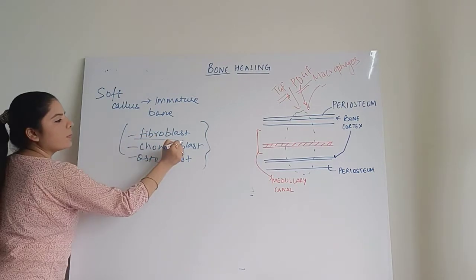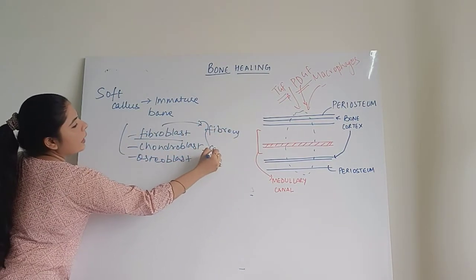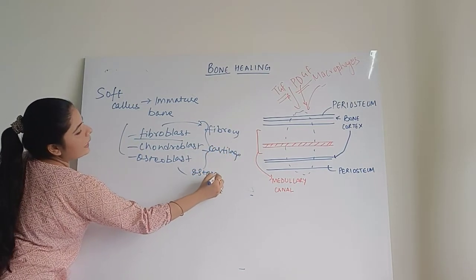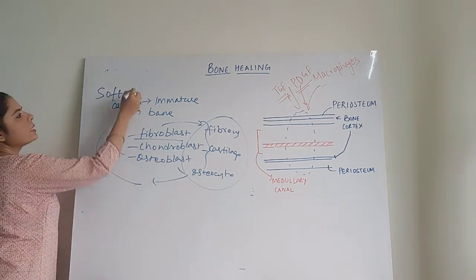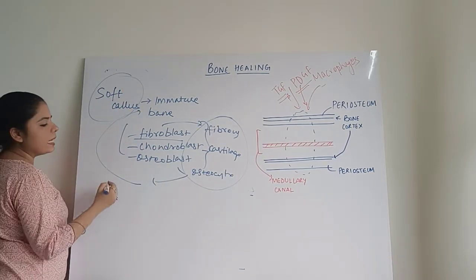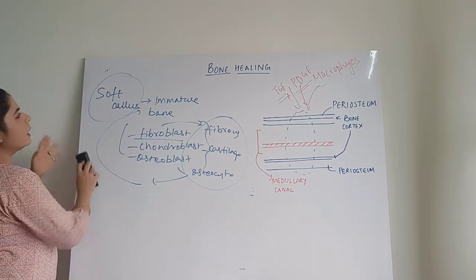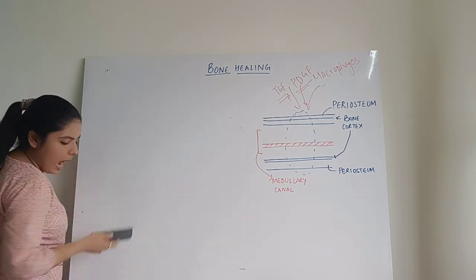It was leading to the formation of fibrous tissue. It was leading to the formation of cartilage. It was leading to the formation of the osteocyte. So this is the immature bone. This is actually the soft callus. It has sticky ends, and this process begins from 2 to 3 weeks from the site of damage. Now the next step starts to form. It is called the formation of hard callus.